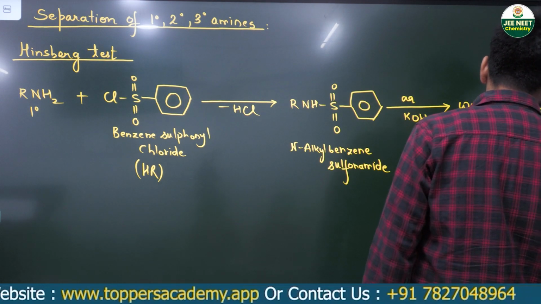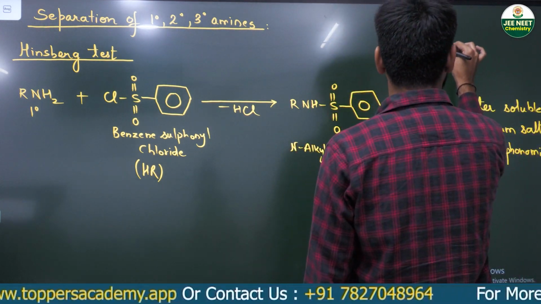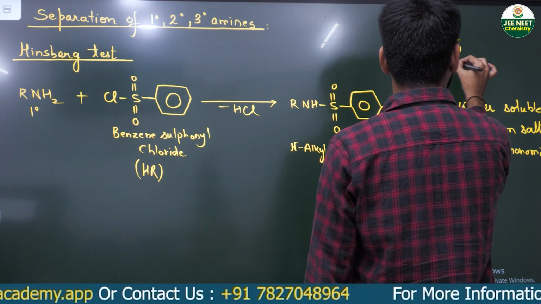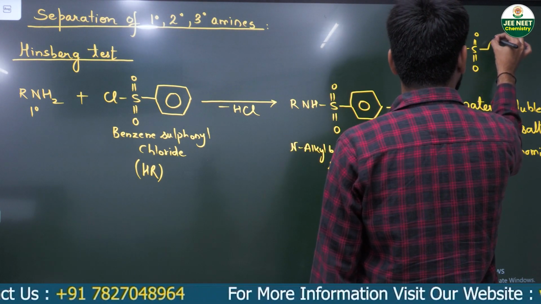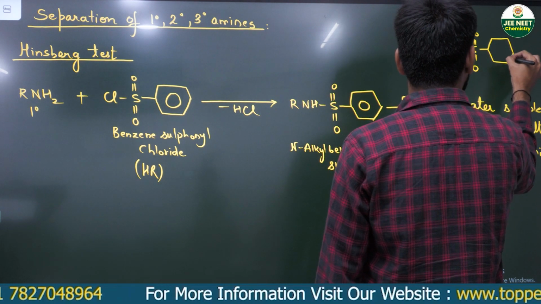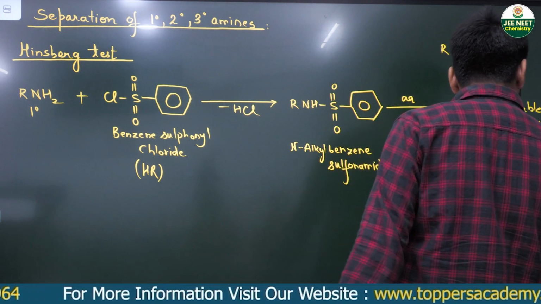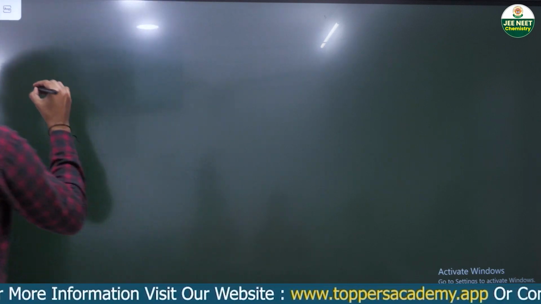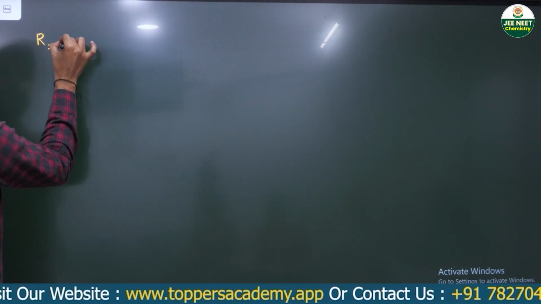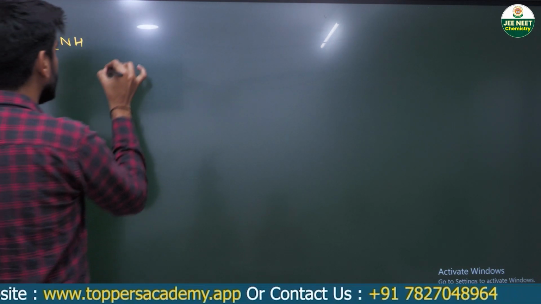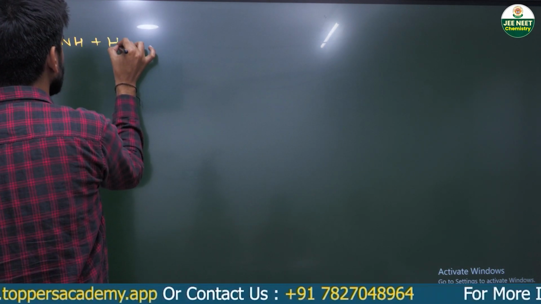Now, when I treat the Hinsberg reagent with 2 degree amine, R2NH plus Hinsberg reagent, what do I get?